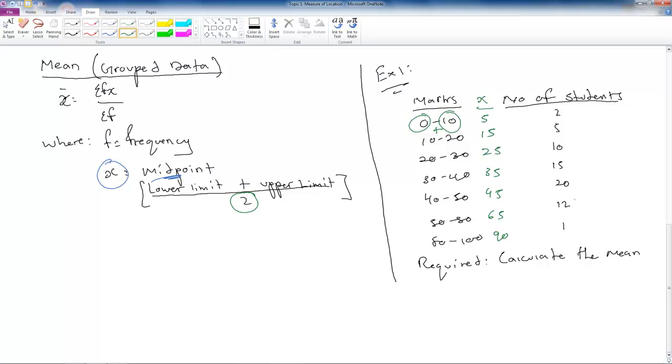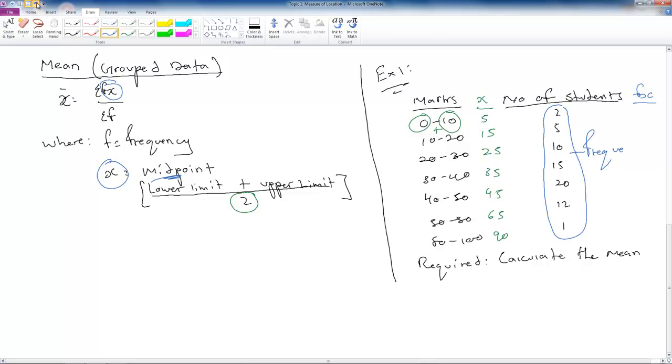Now, once you're done with the x, which is the midpoint, the next part you have to calculate is your fx. So for fx, the number of students over here, all this we call frequency.